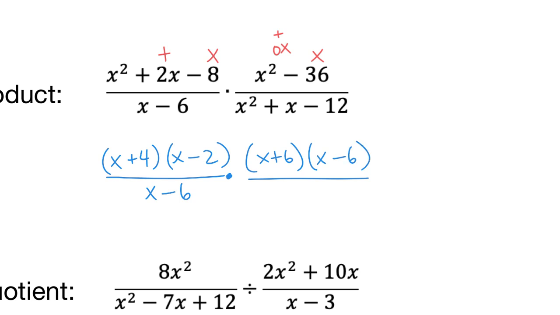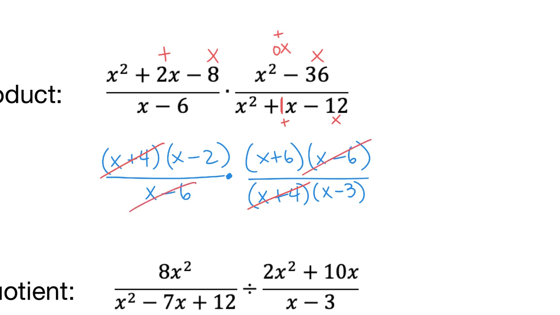All right, last one to factor. Multiply to be a -12. Add to be a +1 was hiding right there. So that would be a +4 and a -3. All right, so I factored everything. Now we got to look at what's the same on top and bottom. So I see x plus 4 is the same on top and bottom.